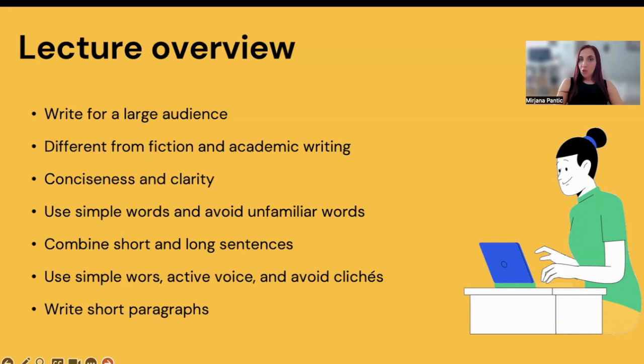Make sure to combine short and long sentences because that makes your style livelier. Use active voice instead of passive voice, and avoid cliches, especially "first and foremost." And write short paragraphs. Try to focus on 1 to 2 sentences per paragraph, 3 sentences max, but try not to go beyond this.